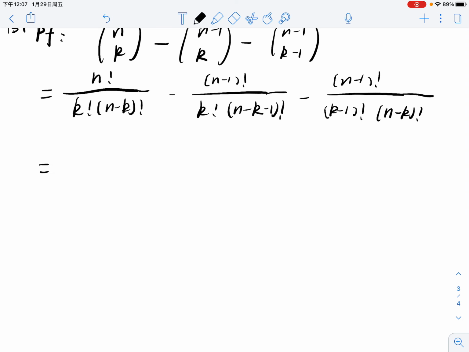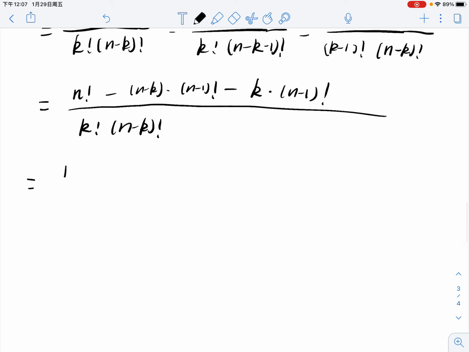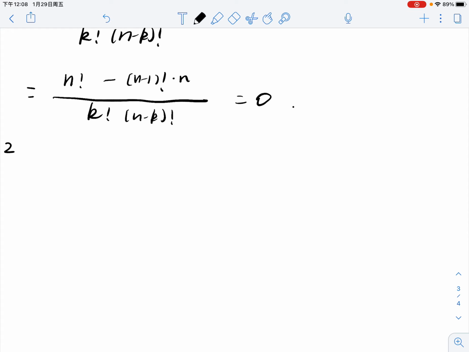And we unify the denominator, k factorial times n minus k factorial. For the numerator we have n factorial minus n minus k times n minus 1 factorial minus k times n minus 1 factorial. And therefore, for the last two terms, you factor out n minus 1 factorial. You have n minus k plus k, which is n. Therefore, you finally have 0. The identity is established.